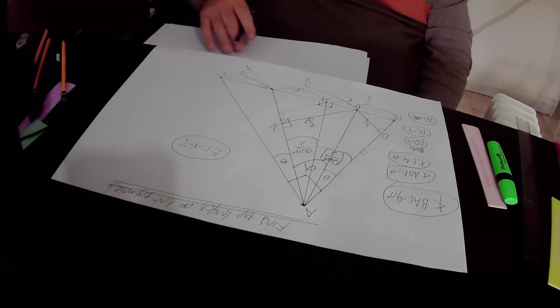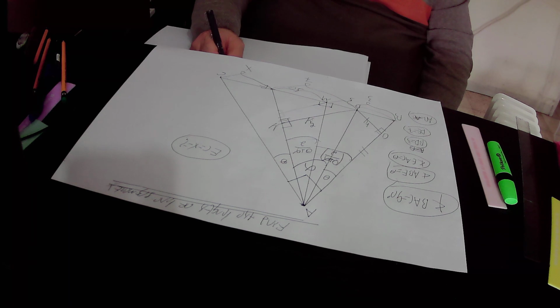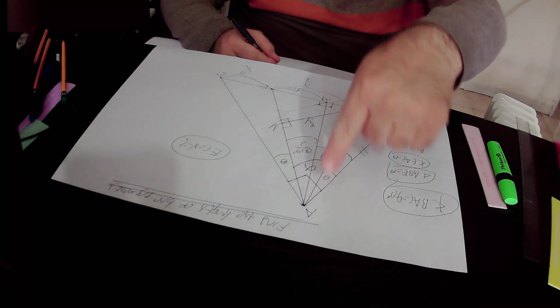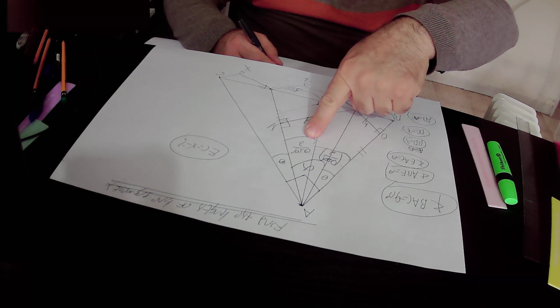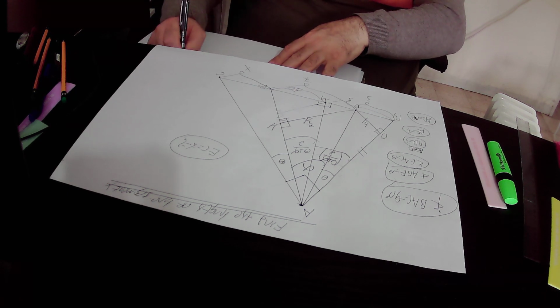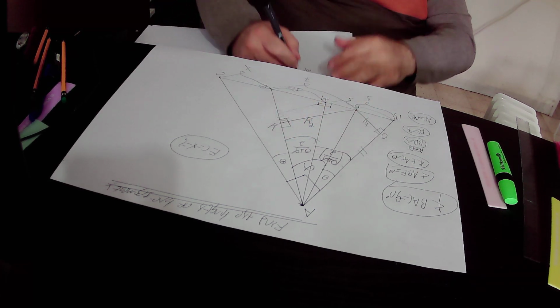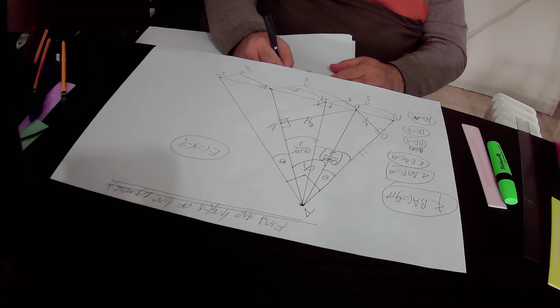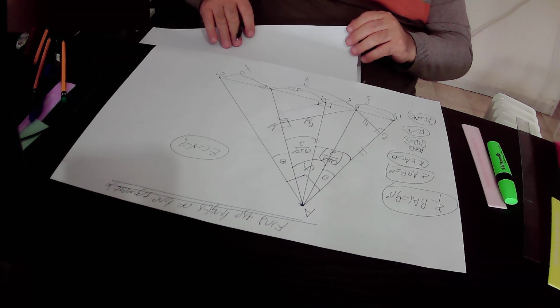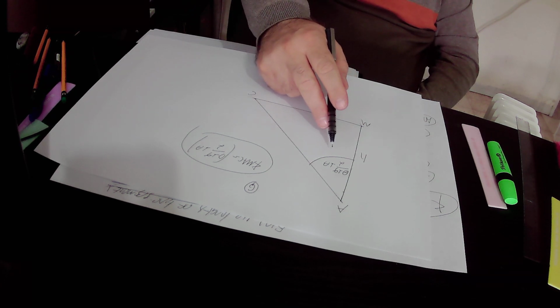It is very easy to see from the drawing that the value of angle MAC equals theta plus alpha over 2 plus theta.